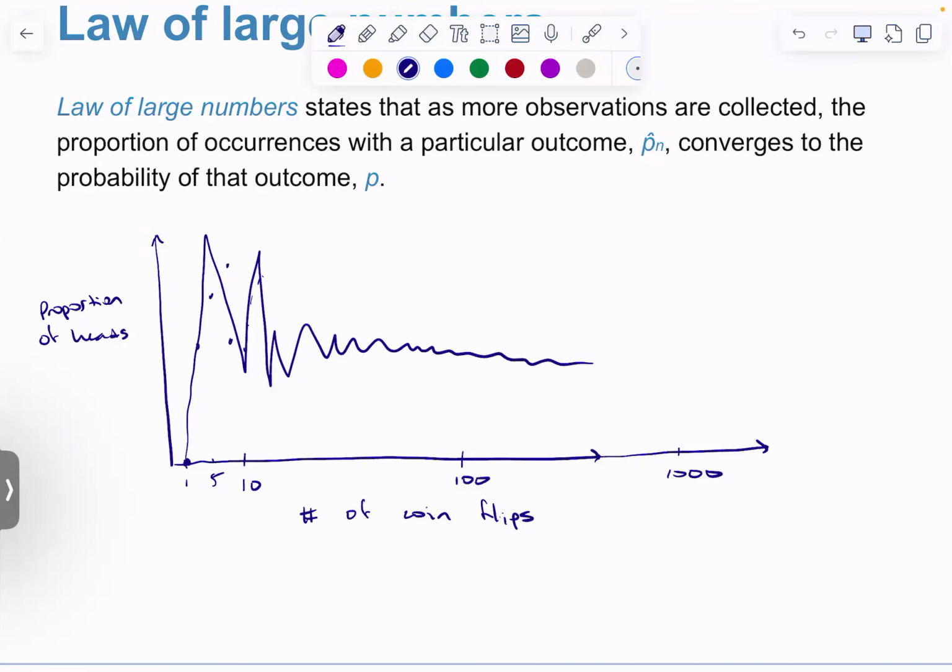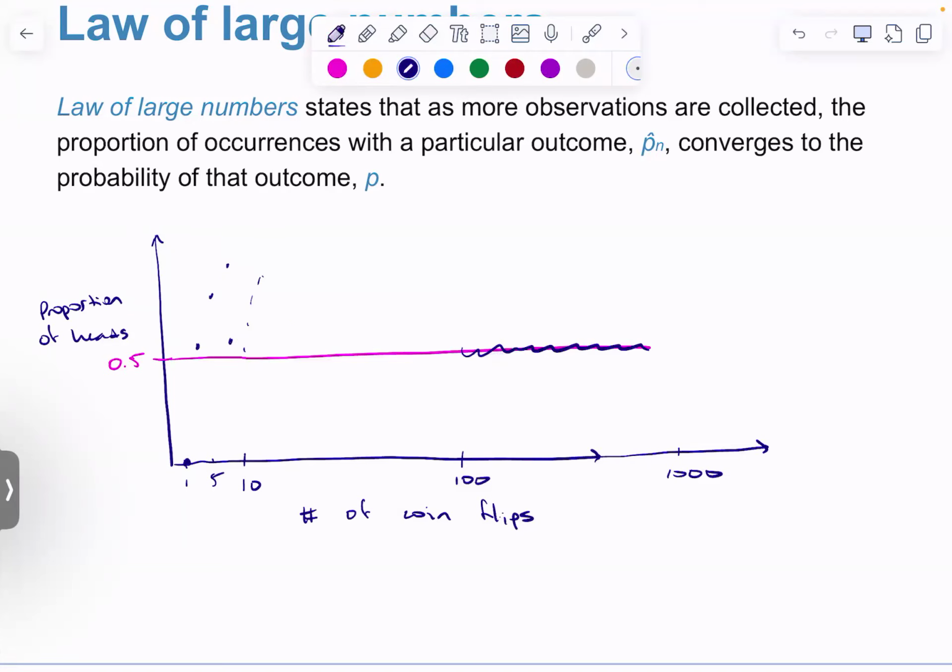In fact, we expect it to even out at 0.5.